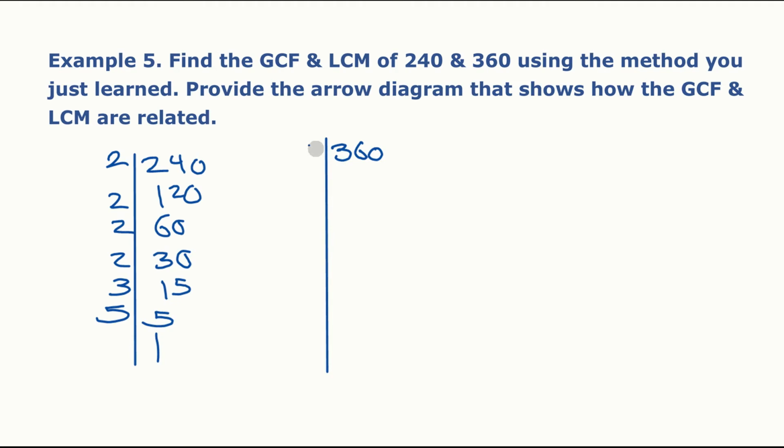For 360, we start with 2, so we get 180, 2, 90, 2, 45, 3, 15, 3, 5, and 5, 1.